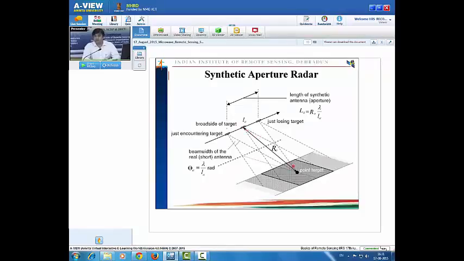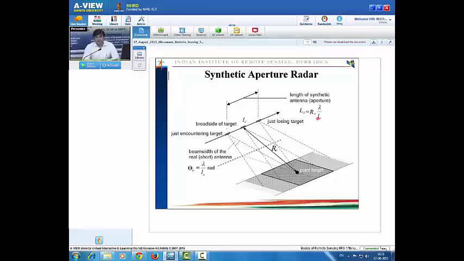So finally the time will be recorded in nanoseconds, and when you multiply it with the speed of light divided by 2, you will have the information of this range distance. Range distance is simply the distance from the sensor to the point target.